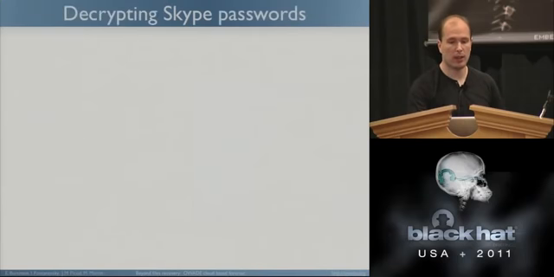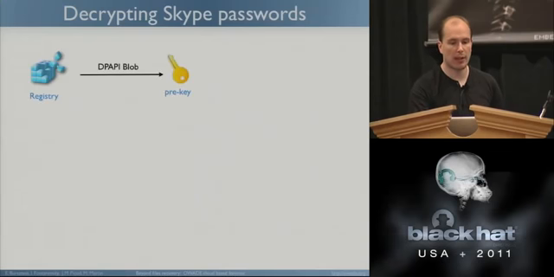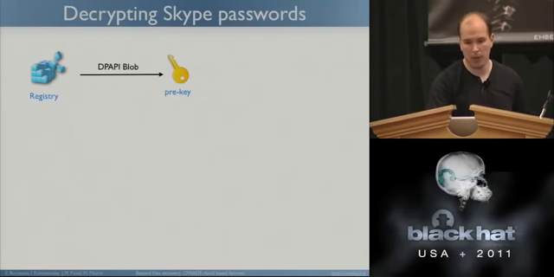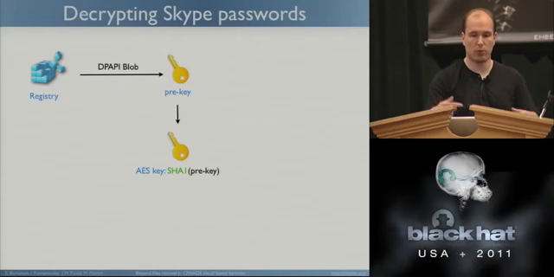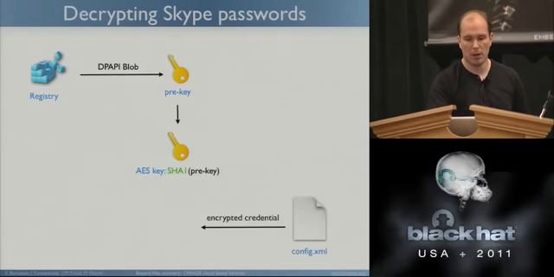Why? The reason is the way Skype deals with passwords. You can extract from DPAPI a blob, and we know how to decrypt that. That's fairly standard for you by now. The blob is going to contain an AES key that you compute by using SHA-1 of the content of the DPAPI blob.